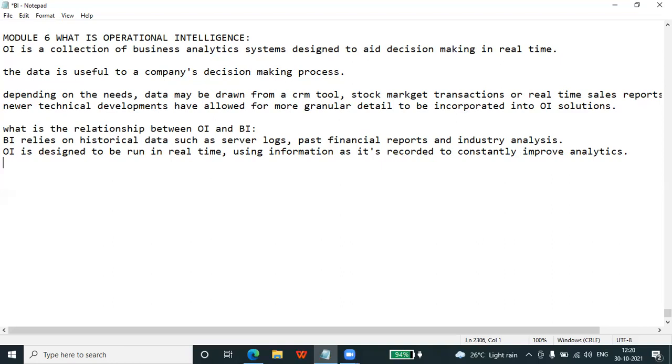But that's not to say that historical data and analysis lack value, as this can have a significant bearing on an organization's future. Business intelligence and operational intelligence often work together, pairing business intelligence's broad historical analysis with operational intelligence's real-time visibility for a more complete strategic view of the enterprise and the market.